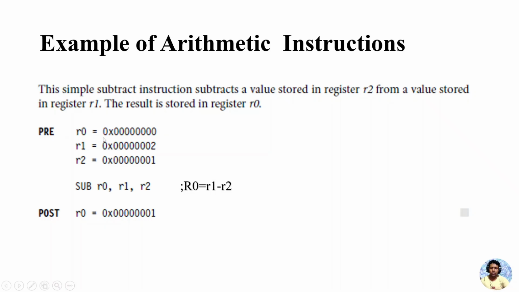In the pre, R0 holds 0, R1 holds 2, R2 holds 1. SUB R0, R1, R2: R0 is the destination, R1 and R2 are the sources. R0 equals R1 minus R2. In the post, after the execution of the instruction, R0 holds 1.